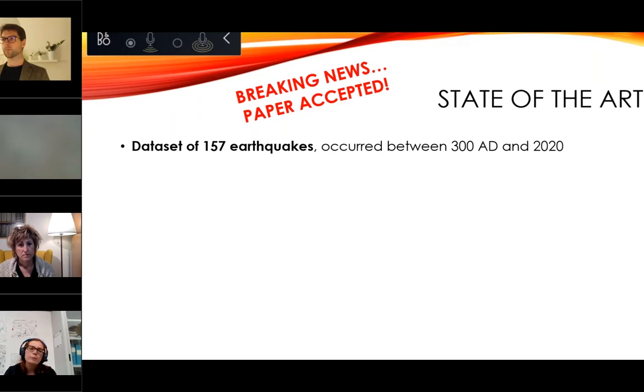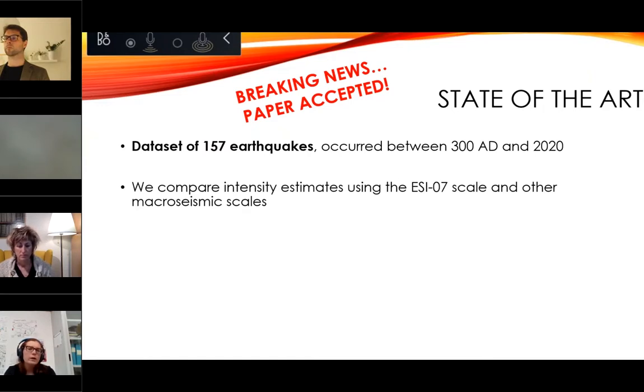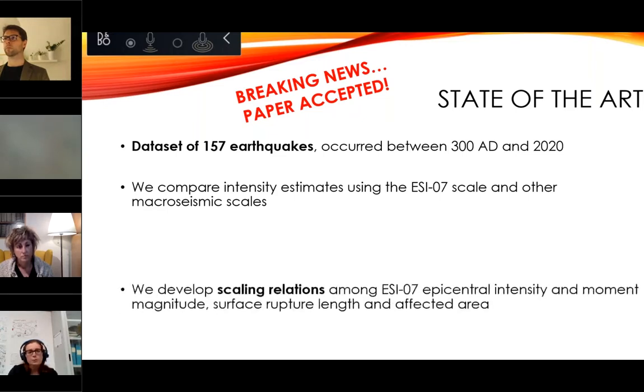We then added a field related to the maximum and epicentral ESI intensity, and the eventual availability of intensity assessed using other scales, and we compared these values in order to assess if systematic differences were present. So this is a way to also assess if the ESI scale is reliable or not.